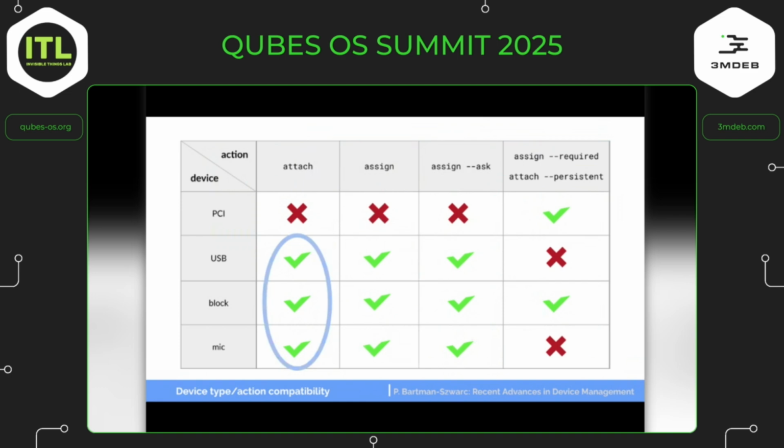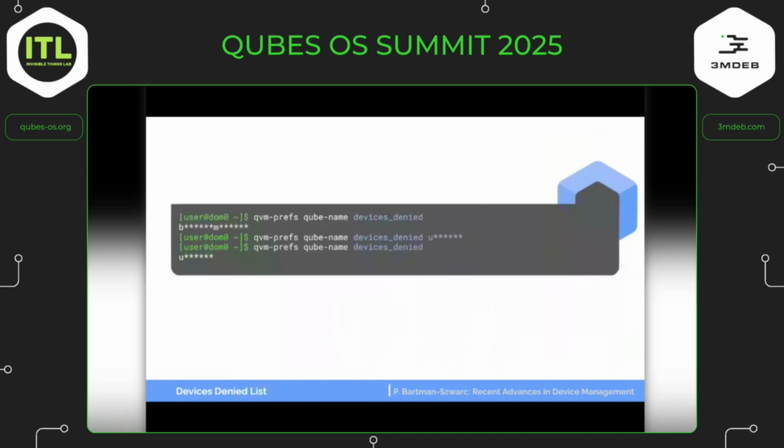As I said before, it introduces some field for mistakes of the user. So to minimize the effect of these mistakes, we introduced something which is a device denied list. So what it is and how it works.